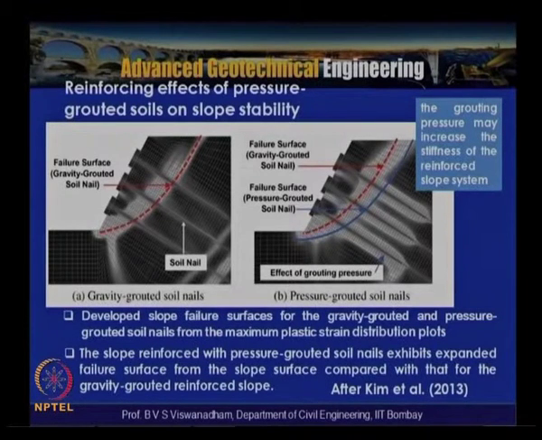So what is happening is that the grouting pressure influences in a big way in enhancing the stability of the slope, because the surrounding soil is relatively compressed or compacted and offers higher resistance across each nail, and that makes the pressure grouted soil nail stabilization technique found to be superior to the gravity grouted soil nail stabilization technique.